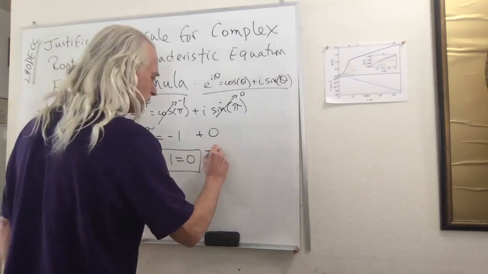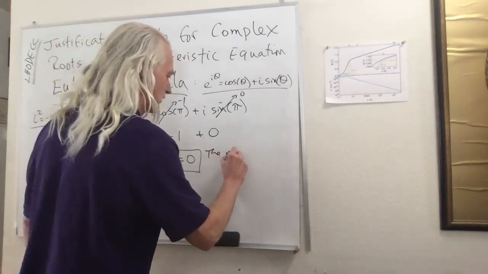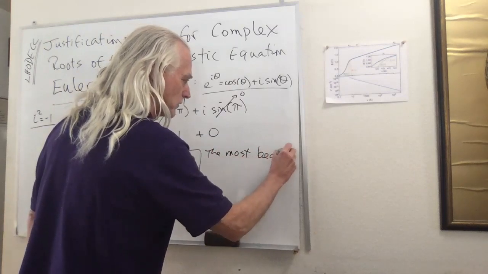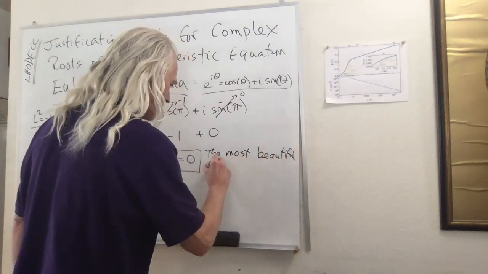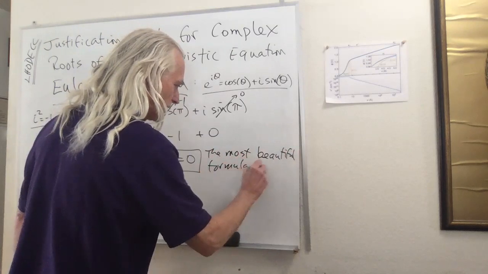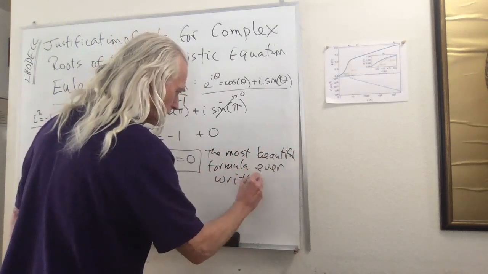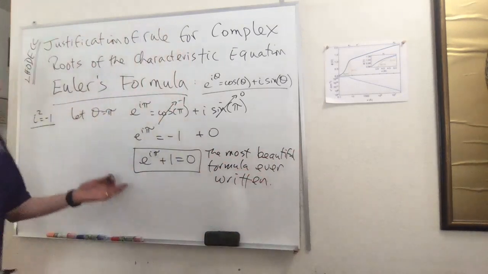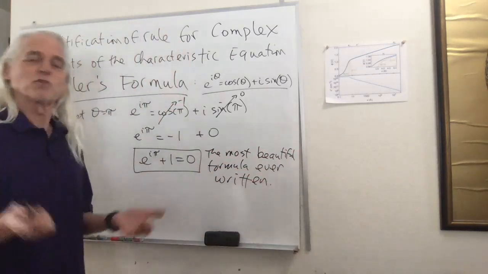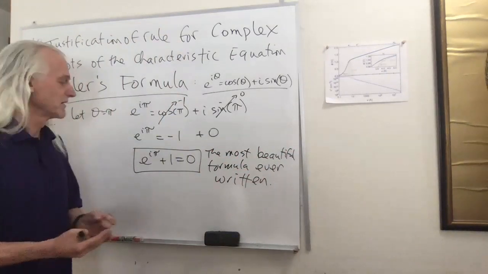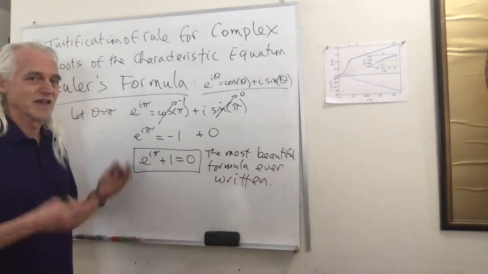So this has sometimes been called the most beautiful formula ever written. Okay, it's just beautiful. It has all the important numbers. 0 is the most important number, and then comes 1, and then e, and then i, and then pi.